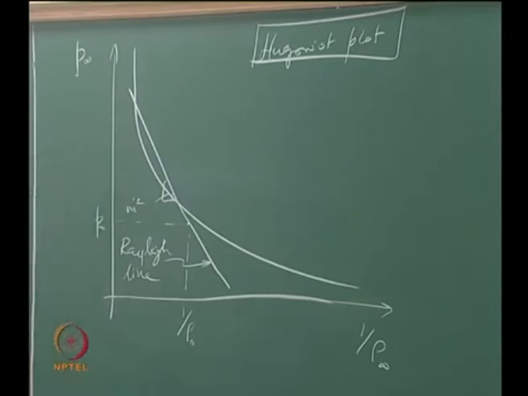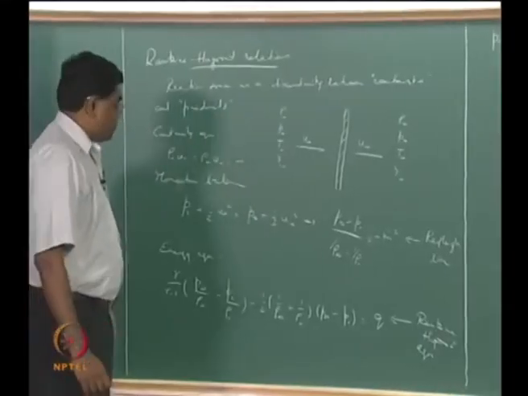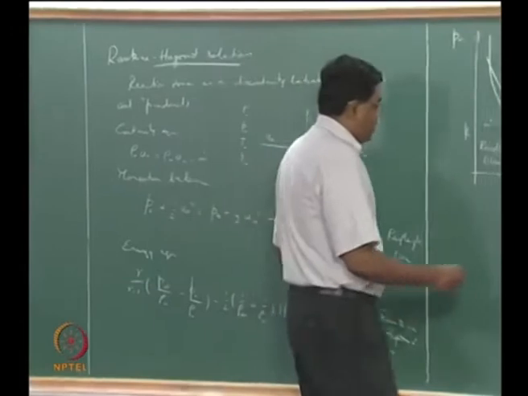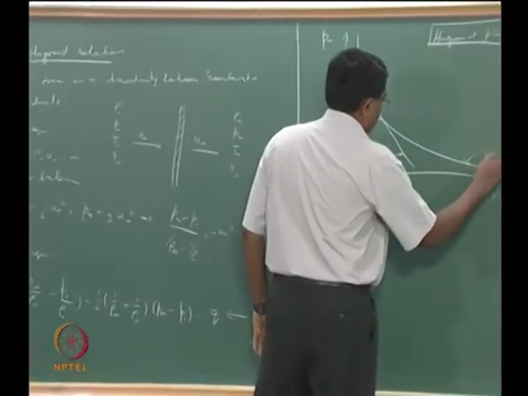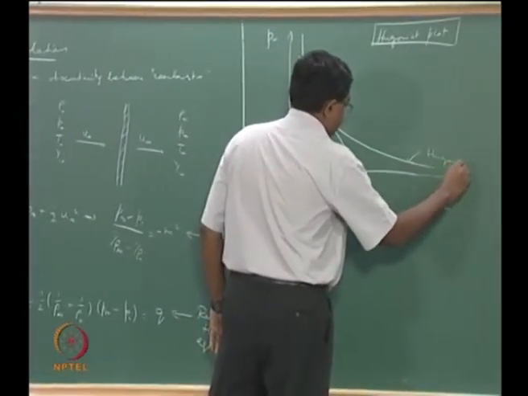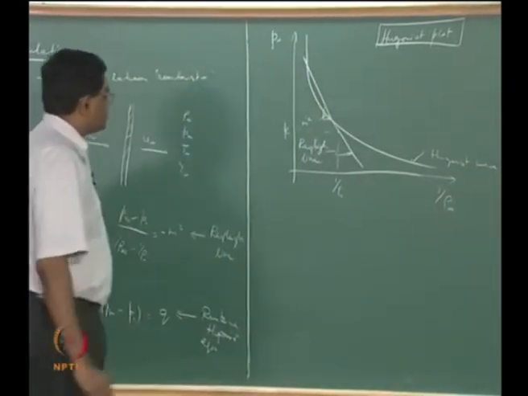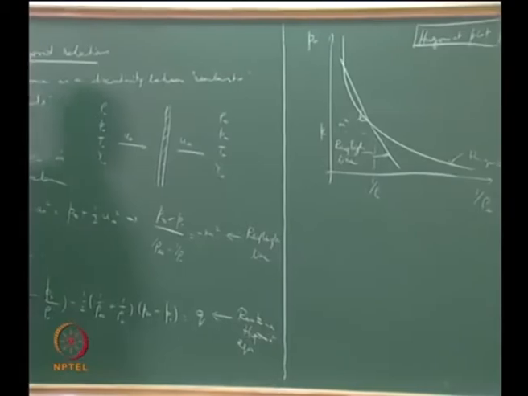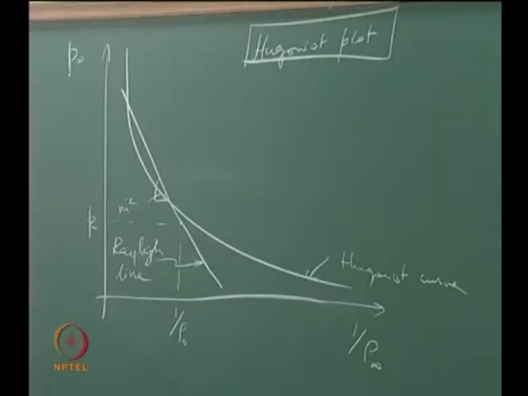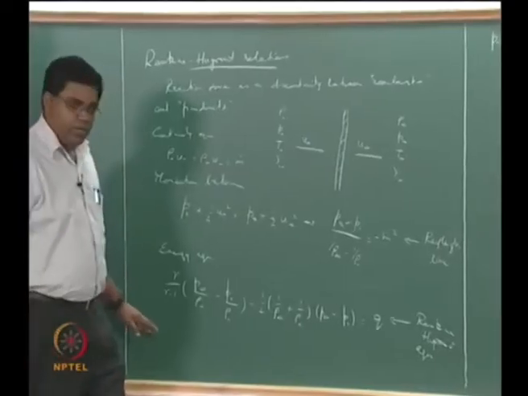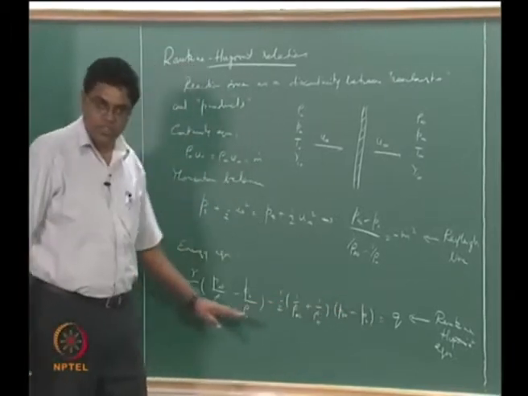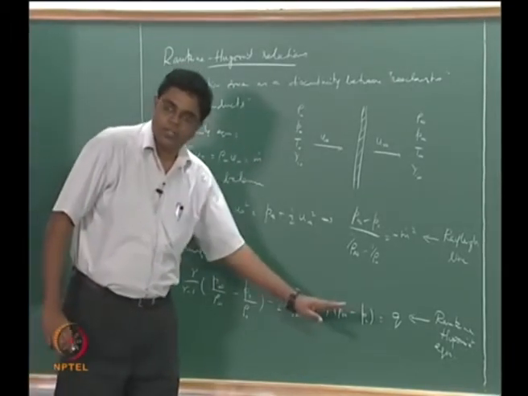But the Hugoniot, so this rectangular hyperbola is what is called the Hugoniot curve, and the Hugoniot does not involve any m dot. In other words, it is a purely thermodynamic curve.